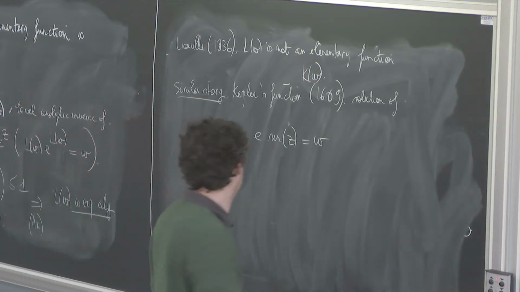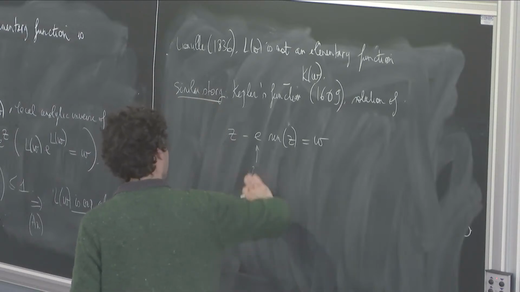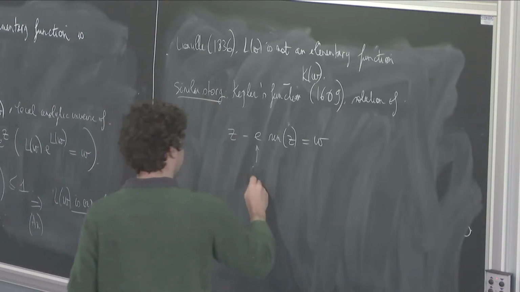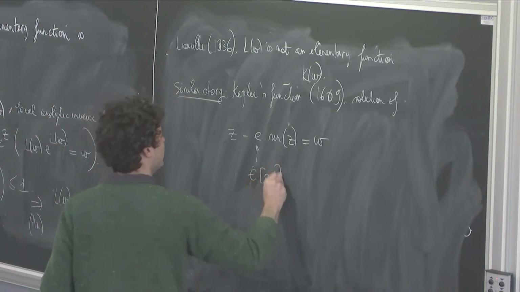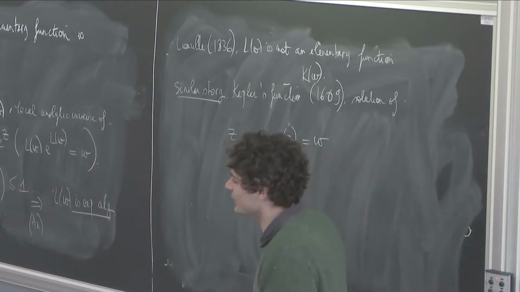And the notation is quite bad because e here in the mind of Kepler is the eccentricity of an ellipse. So this is a real number between 0 and 1, and it has nothing to do with the number e from the exponential.